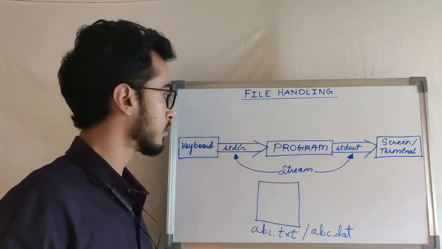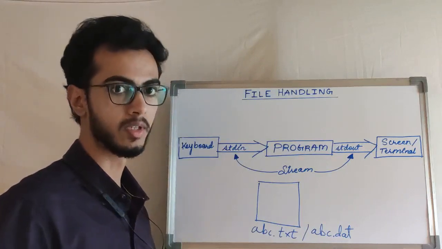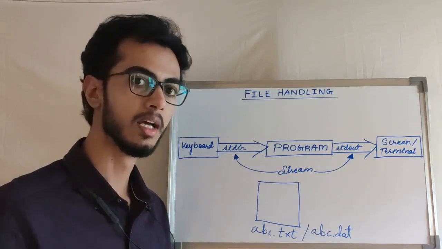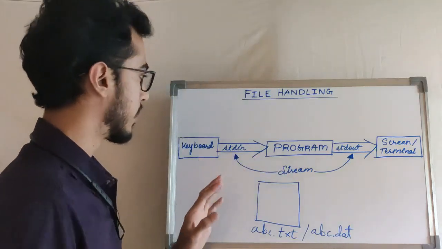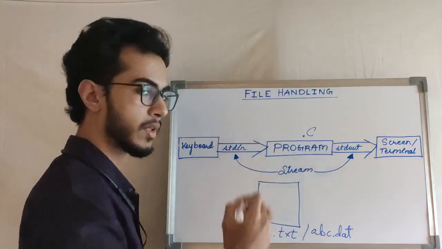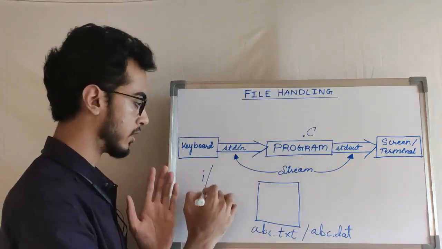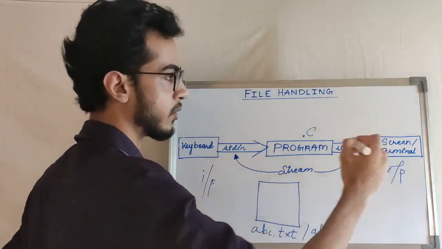Till now we are basically following a procedure for taking the input, processing that input inside your program, and then showing some output on the screen. If you observe this diagram, what we typically mean by program is your .c file, and on this side what we have is an input. Let's consider this is the input side and this is the output side.